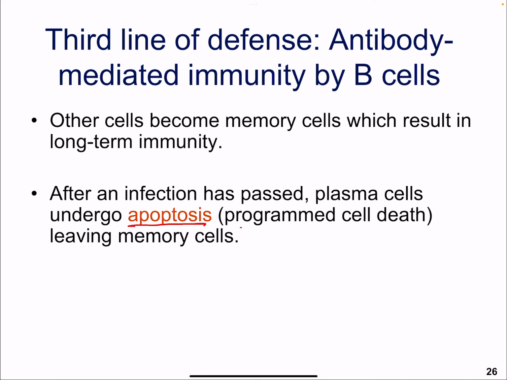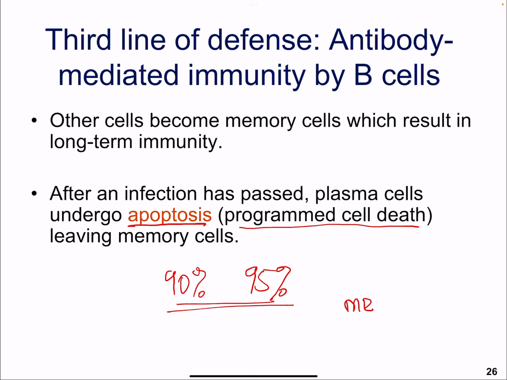That apoptosis, or programmed cell death, is going to cause the death of about 90% to 95% of all the B cells that were in circulation, so that you have a very small fraction of B cells that are left. That very small fraction is going to account for the memory B cells.